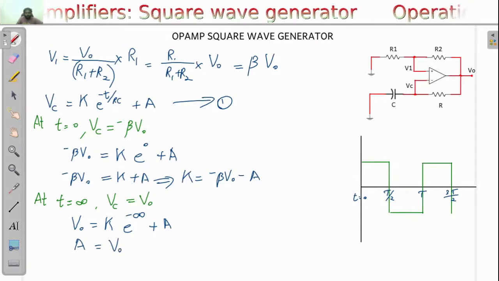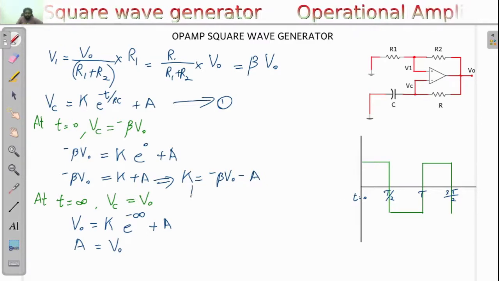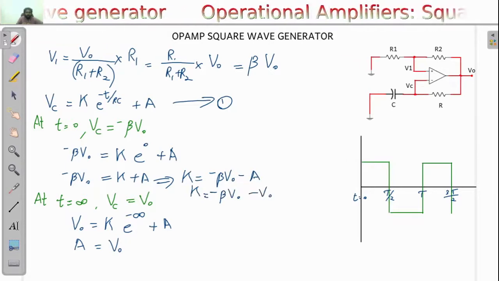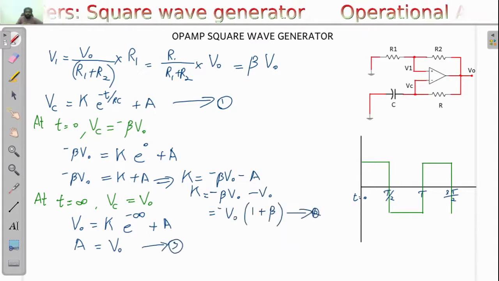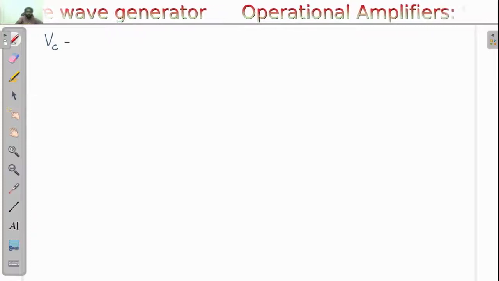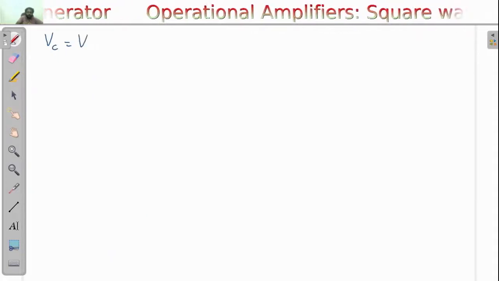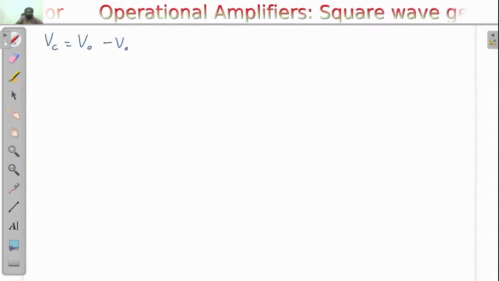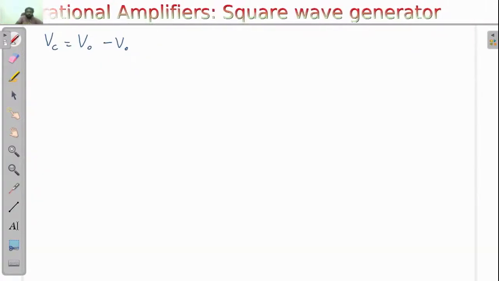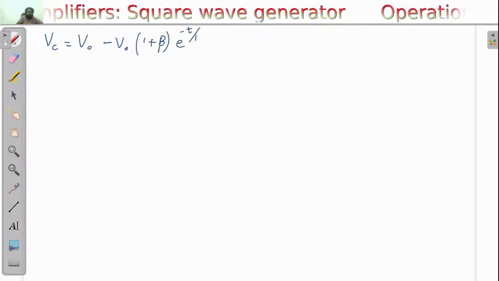So we have this, and you can substitute that in this equation so that you get K. K is equal to minus beta VO minus VO. From here, we will be substituting 2 and 3 in VC, and we will get VC is equal to VO minus VO, 1 plus beta, e raised to minus t by RC.